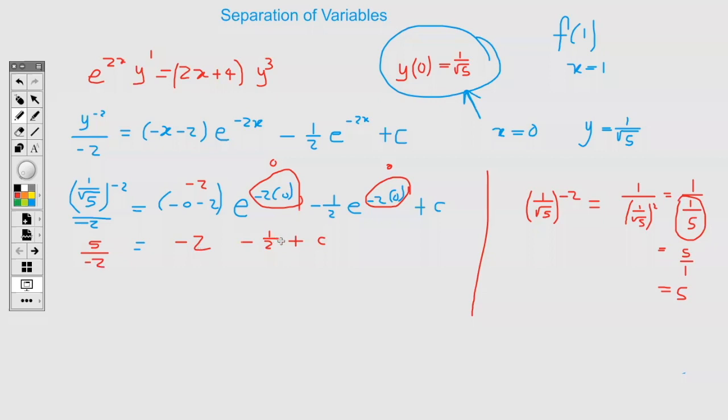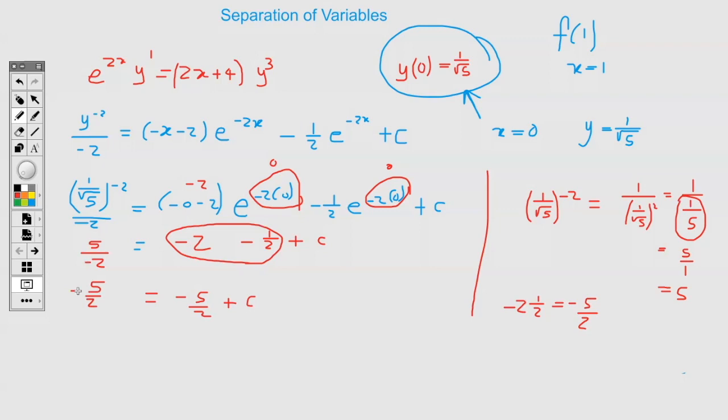Now minus 2 minus a half is actually negative 2 and a half, which is the same thing as 2 times 2 is 4 plus 1 is 5. So that's minus 5 over 2. So by right, all of this is actually negative 5 over 2 plus c, and this is also 5 over 2, and then I put a minus sign.